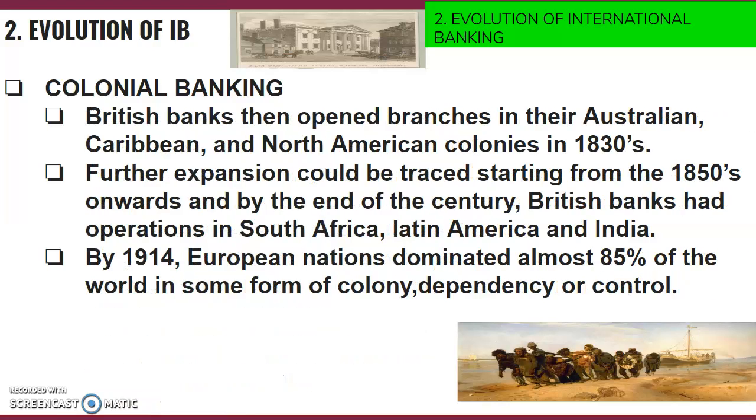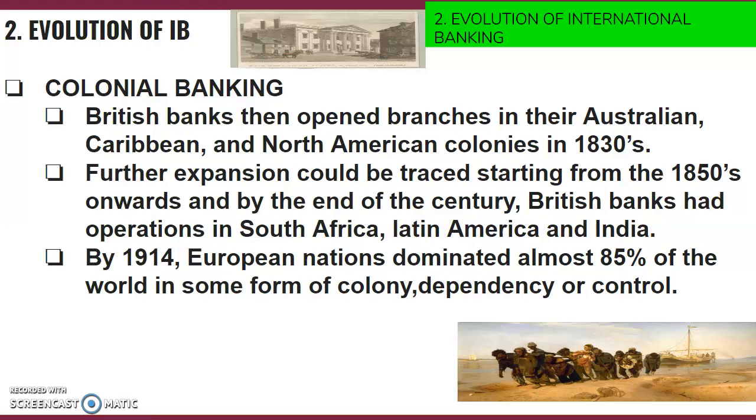Okay. So kita nak tengok juga dari mana bermulanya bank-bank yang ada ni. So British Banks biasanya bermula dengan bila dia start buka secara international tu adalah apabila dia open the branches in their Australian, Caribbean and North American koloni.